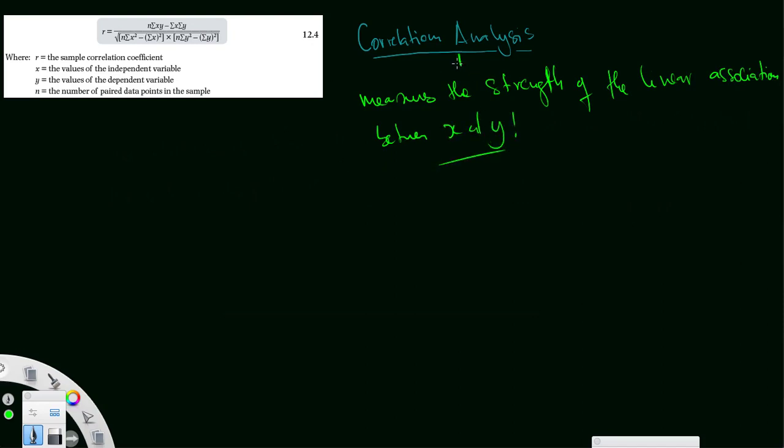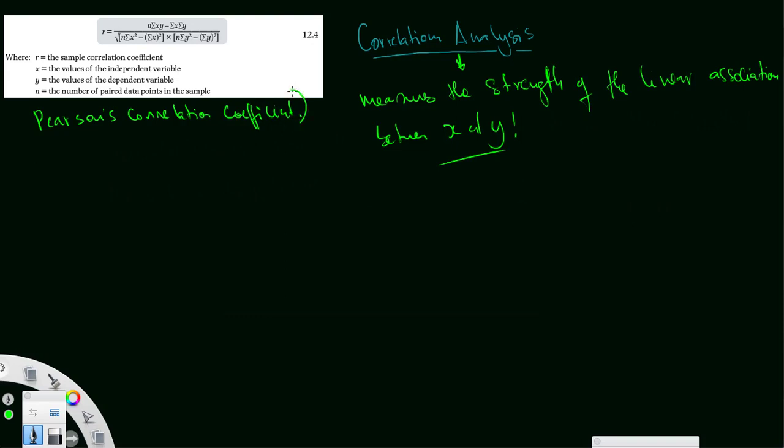This is what we do, and the way we work that out, we have a formula. I'm sure this is not the first time that you've heard of it, the Pearson's correlation coefficient.